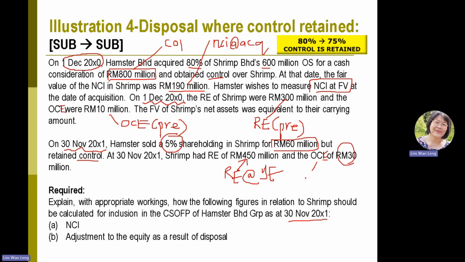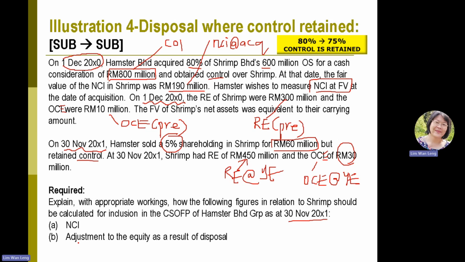This is OCE at year end. So, explain with appropriate workings how the following figures in relation to Stream should be calculated for inclusion in the consol SOFP of Hamster as at 30th November 20X1. Computation of the NCI, computation of the adjustment to the equity.